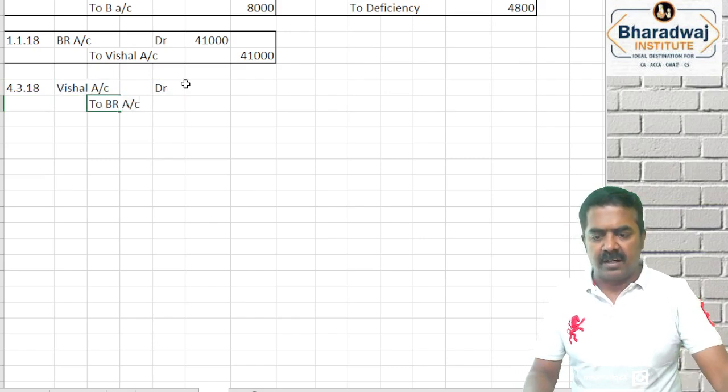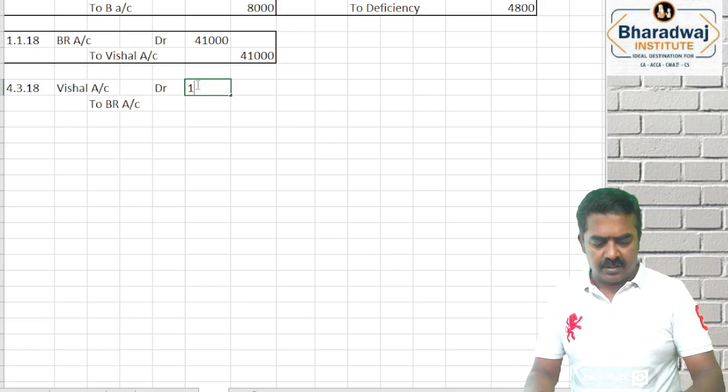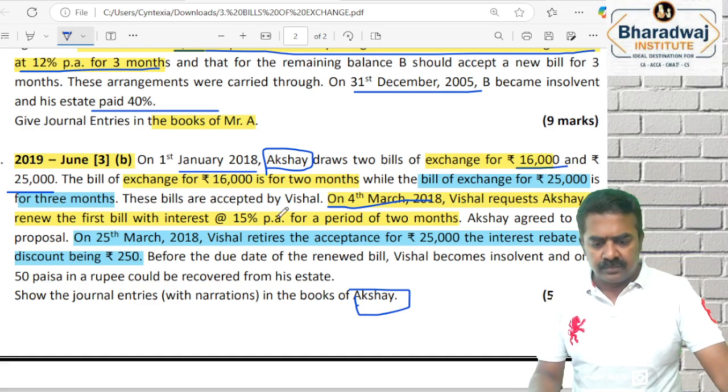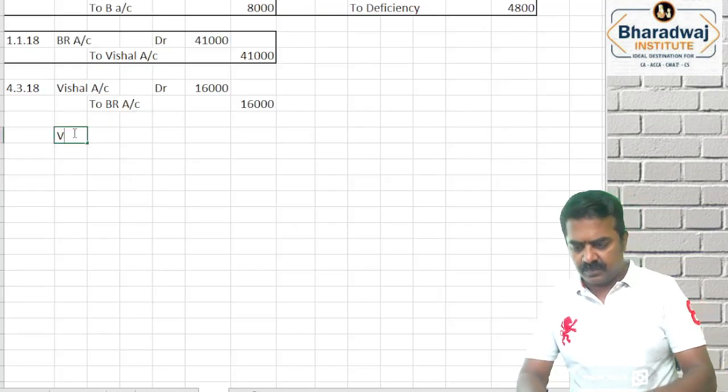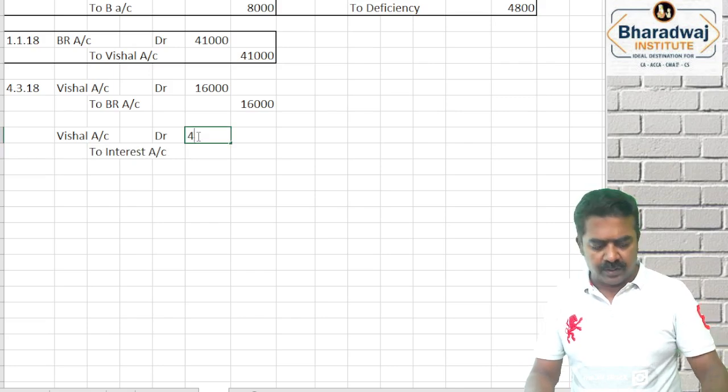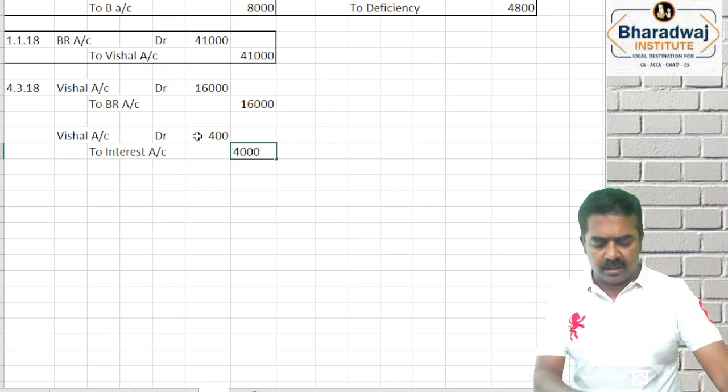What is the first bill value? 16,000. Charge interest. What is the interest? 400. Vishal account debit to which account? Interest account, 400.